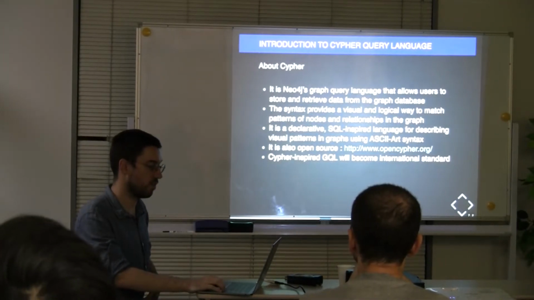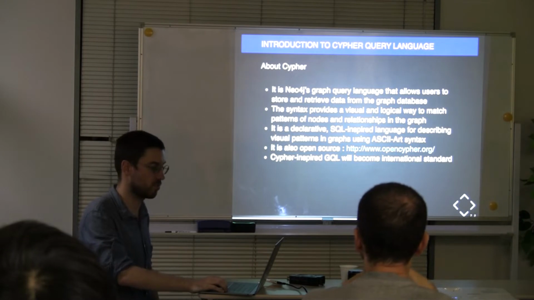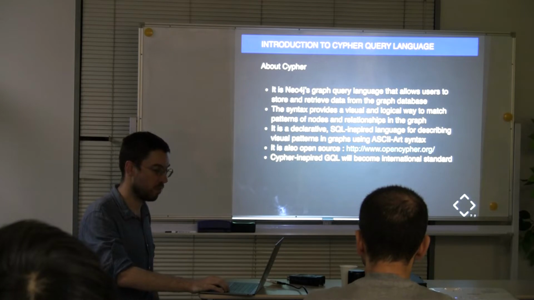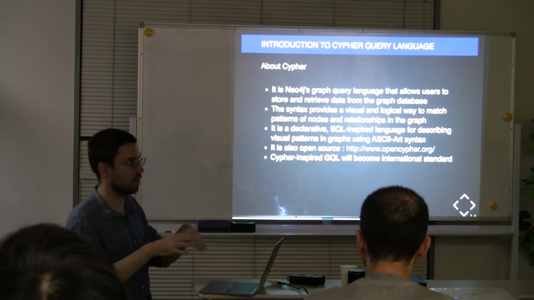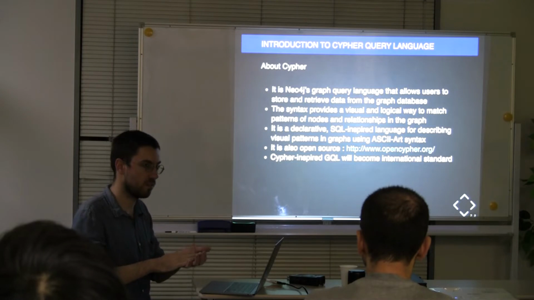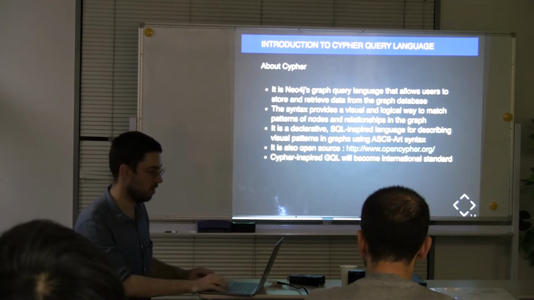So Cypher is Neo4j's graph query language that allows users to store and retrieve data from the graph database. The syntax is pretty simple. It's declarative, it's like SQL, and currently the graph databases are trying to find a standard, like we have SQL for a lot of RDBMS databases.